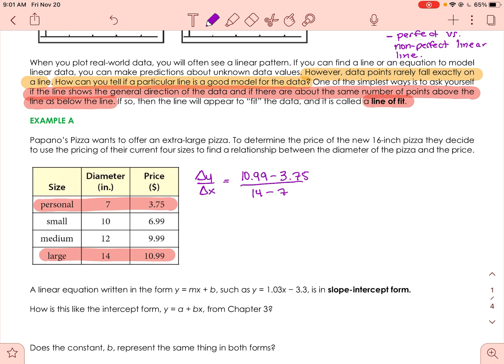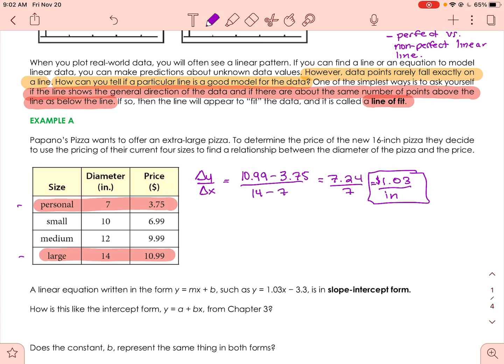That is 7.24 divided by 7, which gives us 1.03. All right, and so what that means is that, remember, change in y over change in x, it is basically $1.03 per inch for this pizza. All right, so that's our slope of a line that passes through the personal size and the large size pizza.